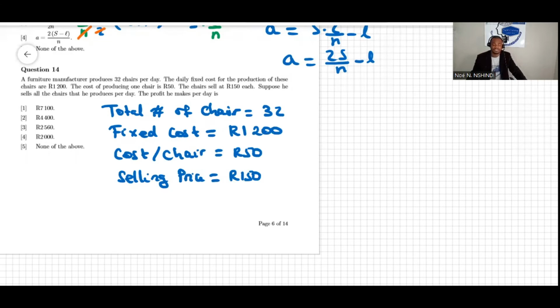Now because suppose he sells all the chairs that he produces per day, the profit he makes per day is, let's first find the total costs of producing chairs.